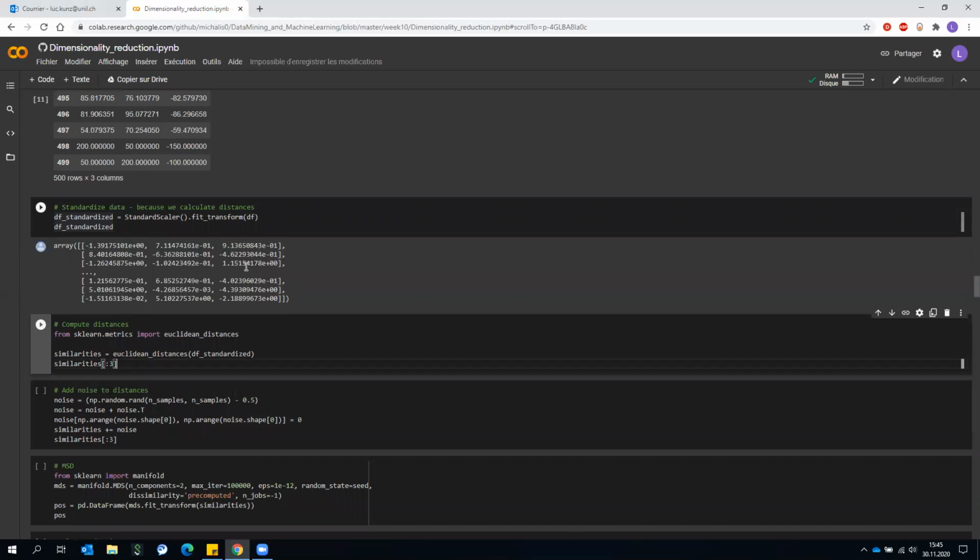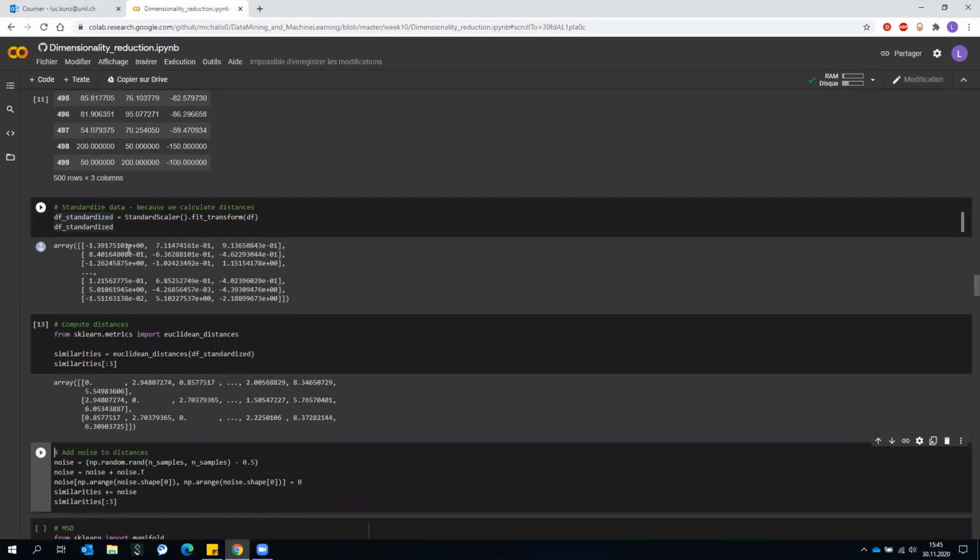For instance, 2.94 is the Euclidean distance between the first and the second point: this minus this squared, plus this minus this squared, plus this minus this squared, and you take the square root of the whole.